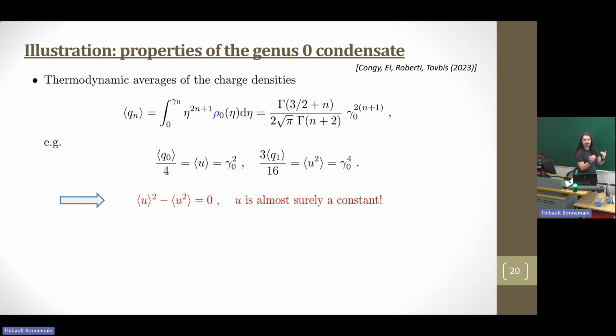Okay, so you have essentially only one realization, which is the constant.